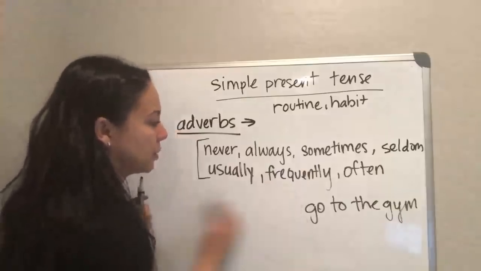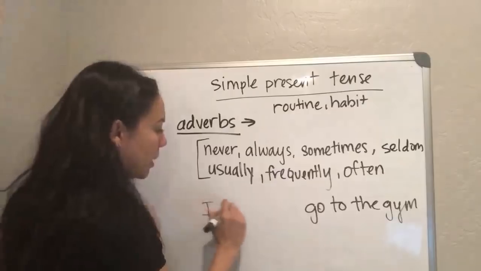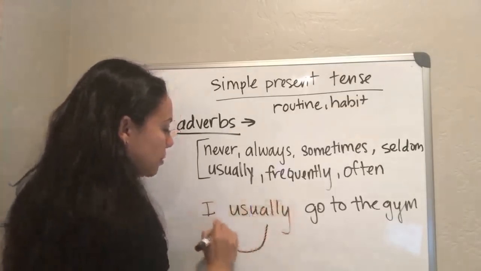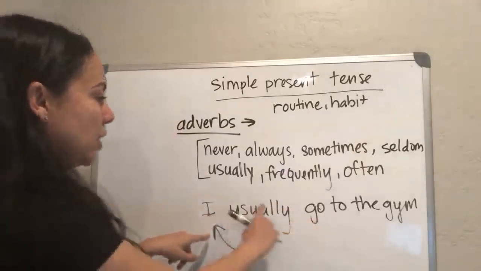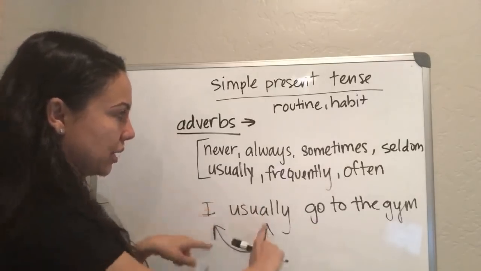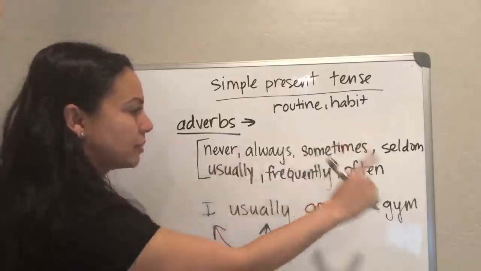You can actually switch these two. So you can say, I usually. These are interchangeable, meaning that you can either say, usually I go to the gym, or I usually go. You can switch. Sometimes I go, I sometimes go.